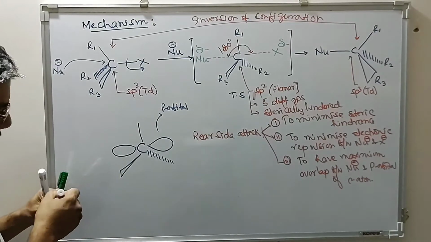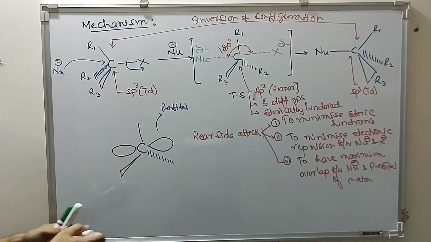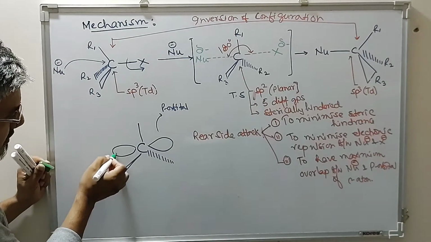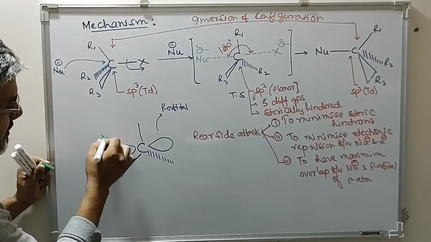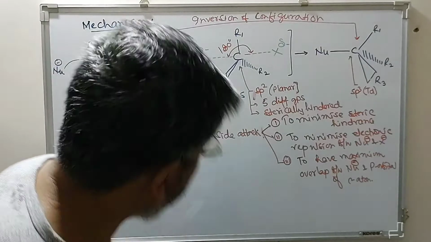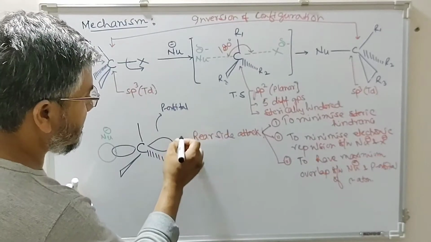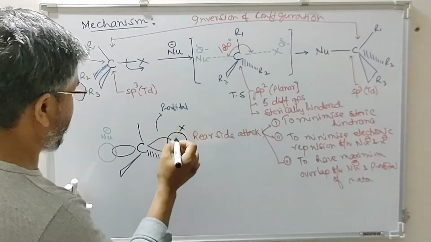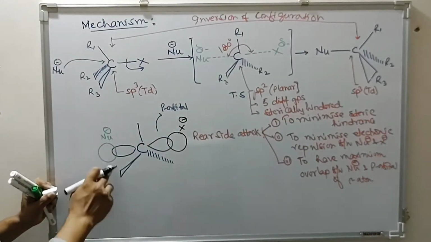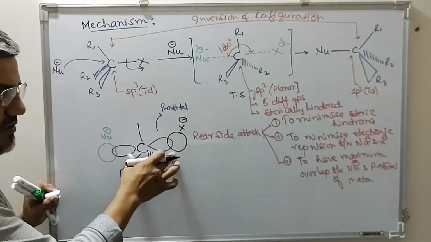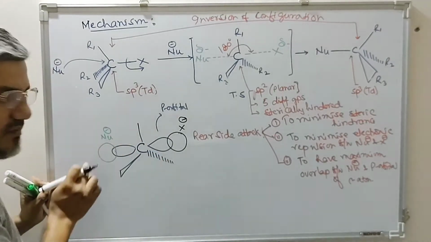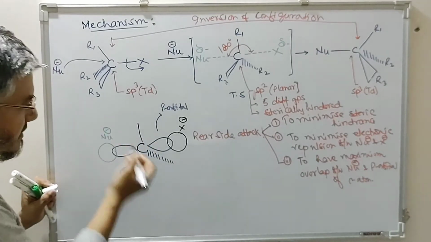Now this nucleophile will bond to one lobe of this p orbital, and on the other side will be the leaving group, that is X minus. If both are on opposite sides, there is no steric hindrance, there is no electron repulsion, and the nucleophile will have maximum overlap. That is the rear side.